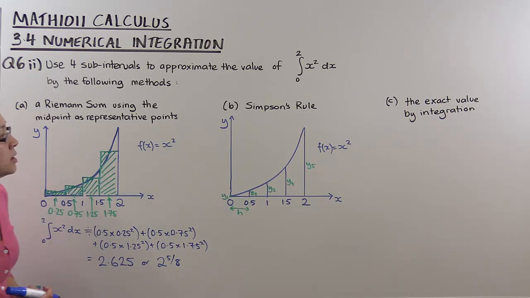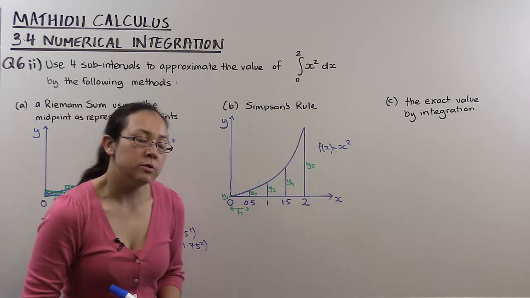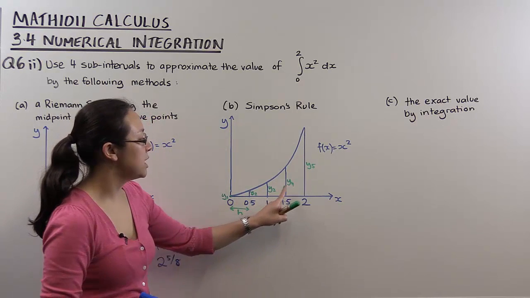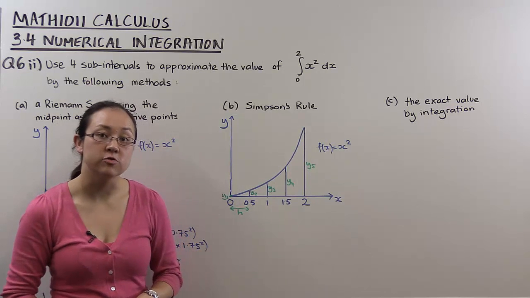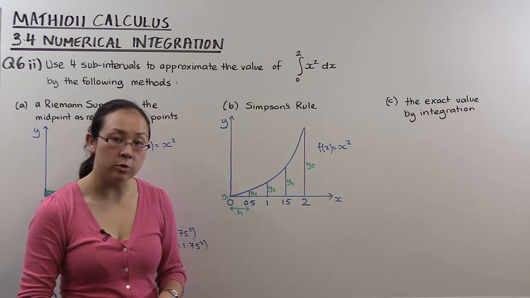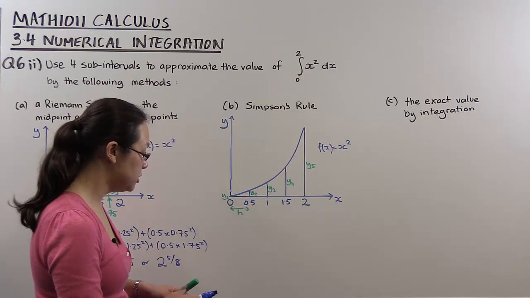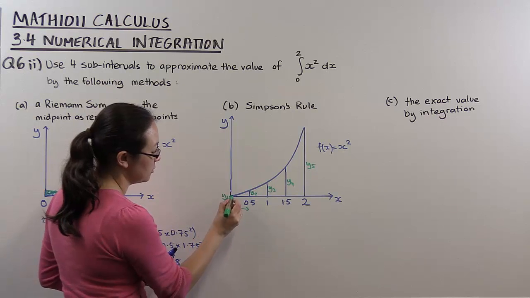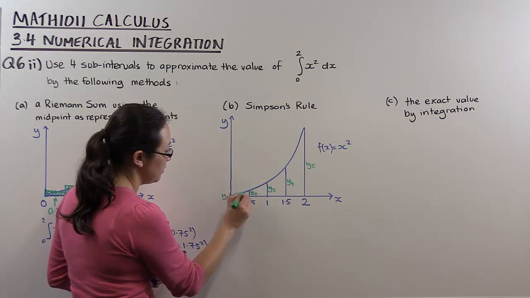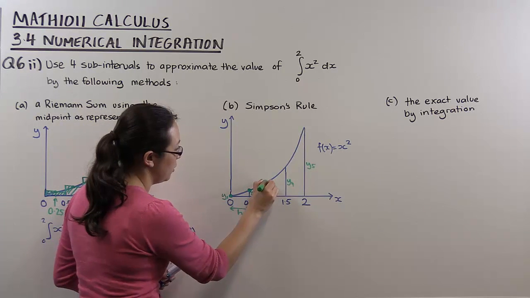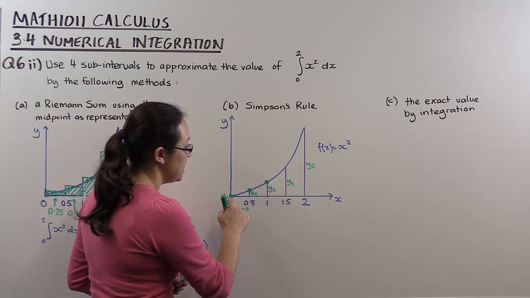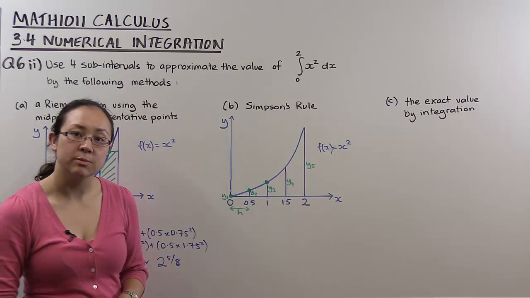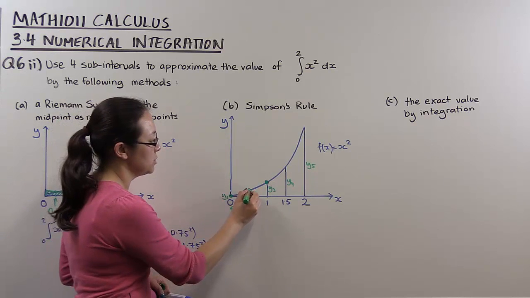So this integral is approximately 2 5/8 there, using Riemann sums with the midpoint as representative points. Going on to Simpson's Rule, so part B. Now we've got 4 subintervals again, so we're going to need to apply Simpson's Rule twice. Simpson's Rule has only 2 subintervals, so if we use Simpson's Rule for this first pair of subintervals, what we would be doing is taking these 3 points and estimating the area under the graph by estimating the area under the parabola that goes through these points.